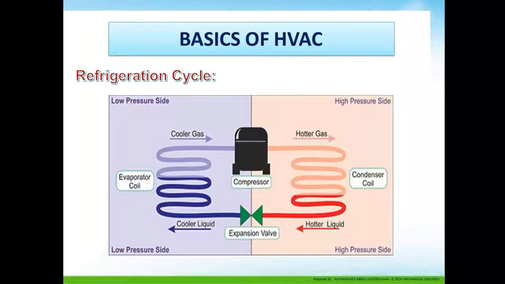The expansion valve, depending on the requirement, flows the cool liquid out, and it passes through the evaporator coil and again back to the cooler gas. Cool gas is passed through the compressor. The process of cooling happens at the evaporator coil, which is also known as the cooling coil.